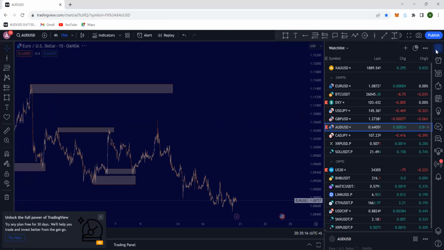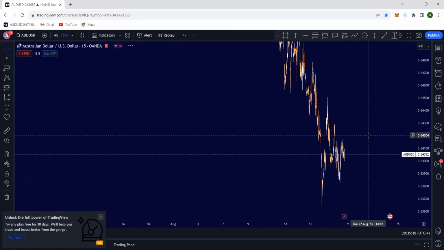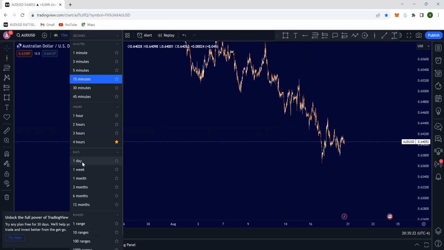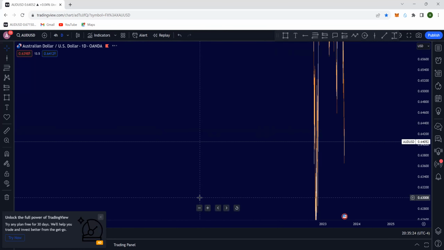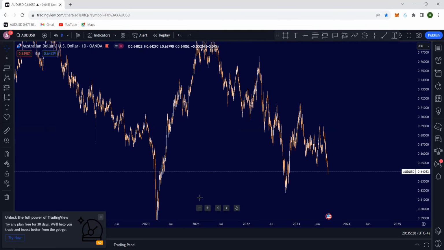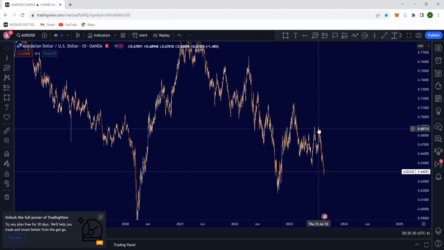So let's check AUD USD, for example. Same method, you go to the higher time frame, which is the 1 day time frame, and then you check, right? You check. Okay, let me just do from here.